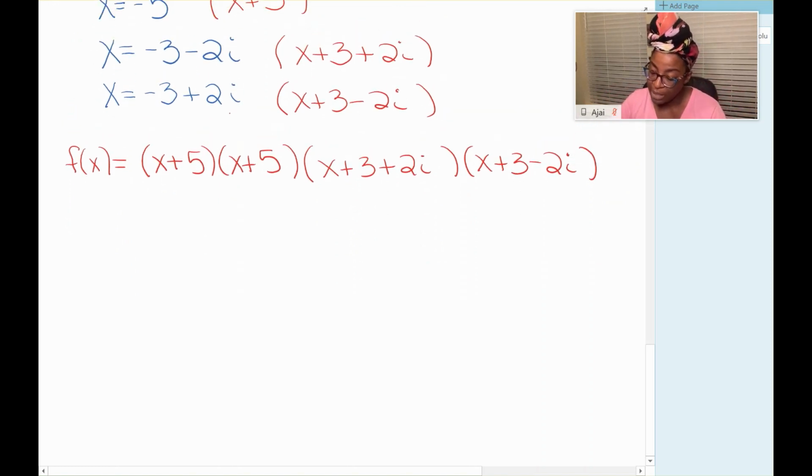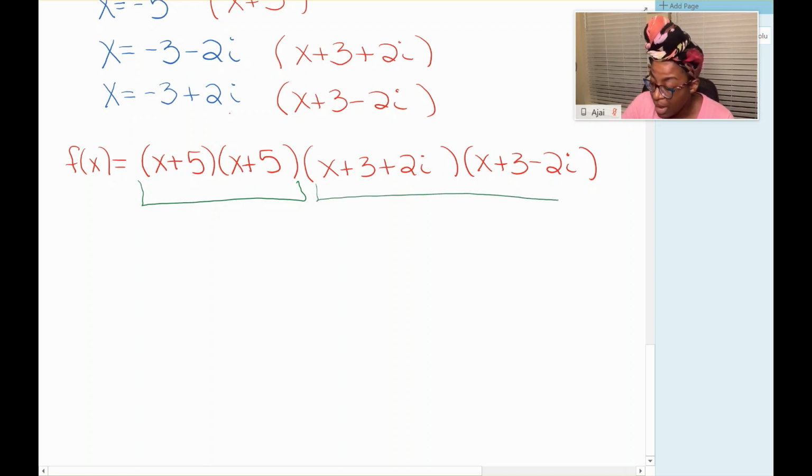But okay, now we need to get rid of all these parentheses if the program tells you that you need to do that. And if you remember what I said earlier, you're going to multiply the two that don't have the i's. If they don't have the i's, you multiply those together. And then after you do that, you're going to take the two that have the i's and multiply those together. Okay?